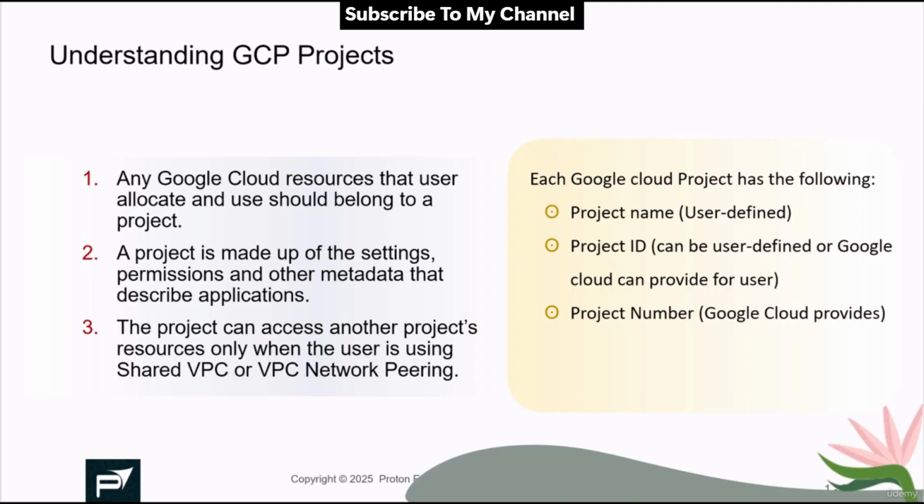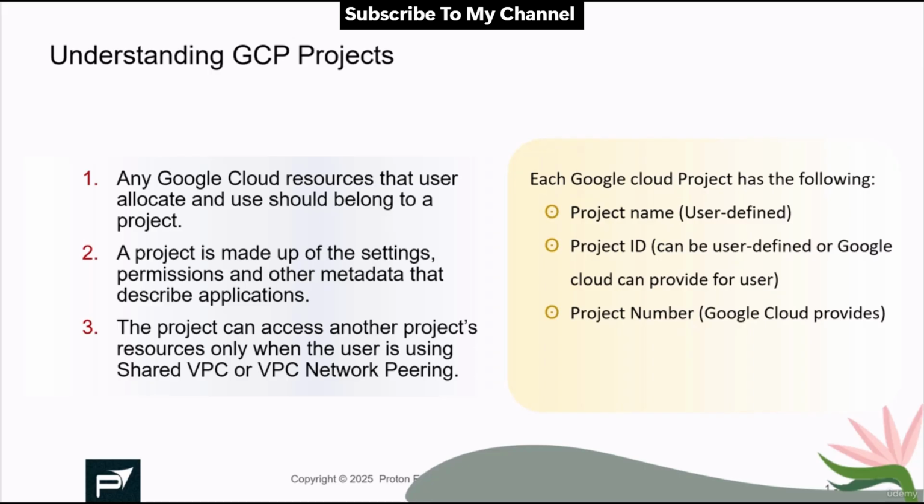Each Google Cloud project has the project name, which is user-defined, project ID, it can be user-defined or Google Cloud can provide for user, project number, Google Cloud provides it. Each project ID is unique across Google Cloud. Once you have created a project, you can delete the project but its ID can never be used again.